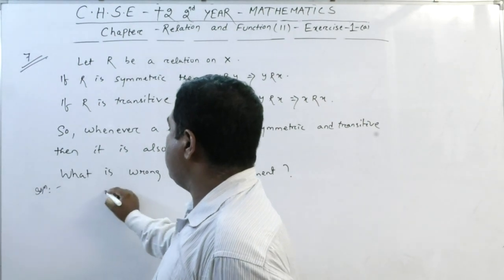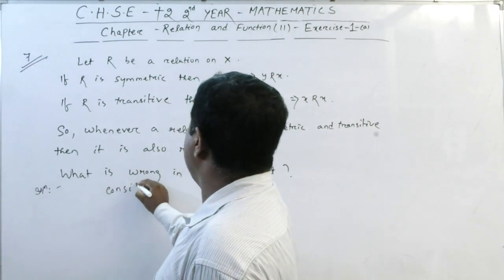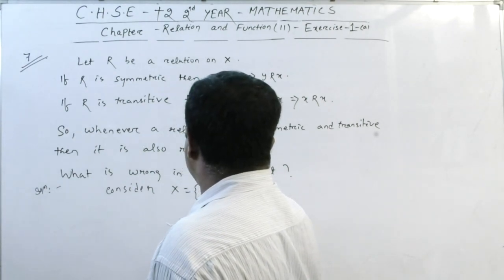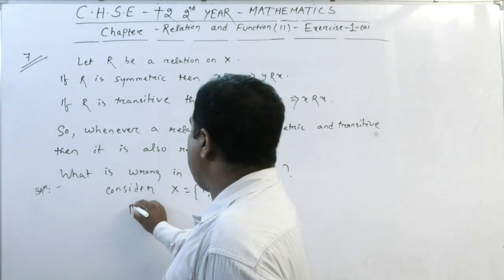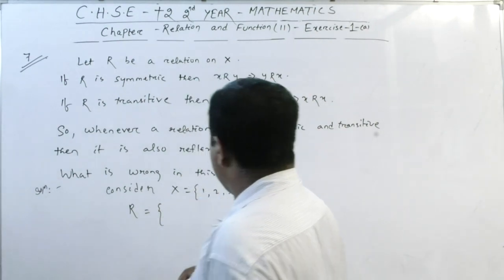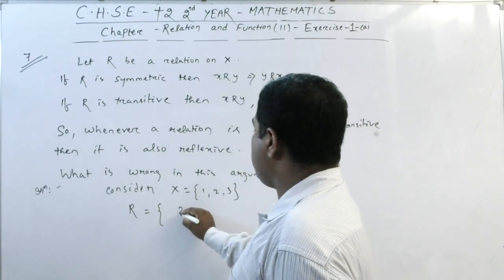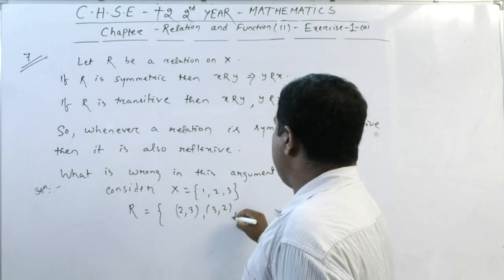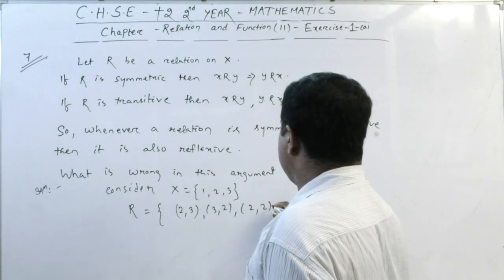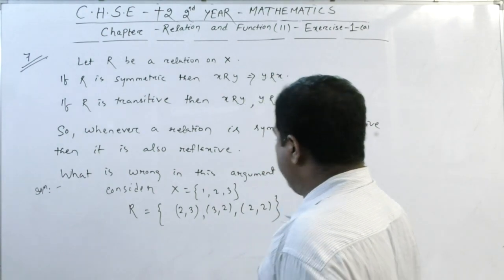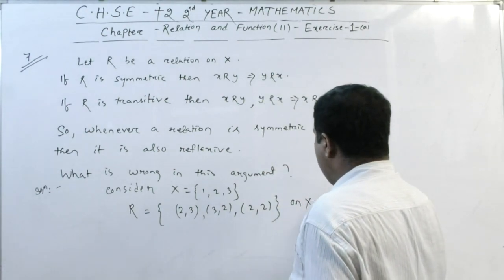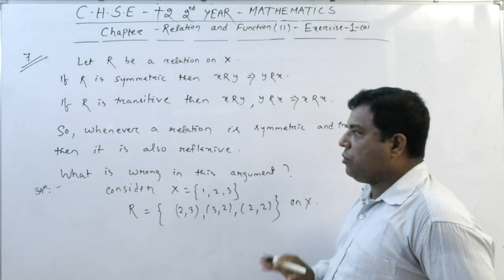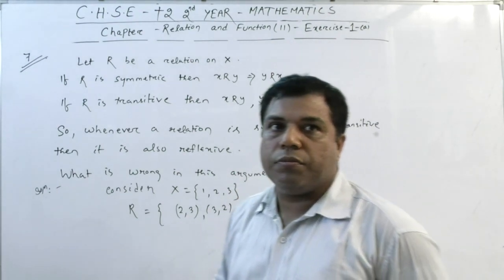Consider a set X equal to {1, 2, 3}, and suppose R is a relation on X, R equal to {(2, 3), (3, 2), (2, 2)}. Now you see this relation is symmetric, this relation is transitive, but it is not reflexive.